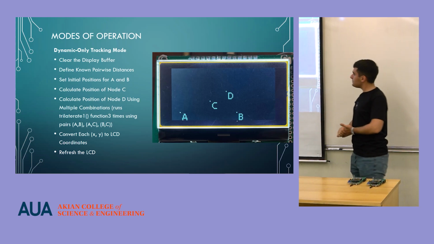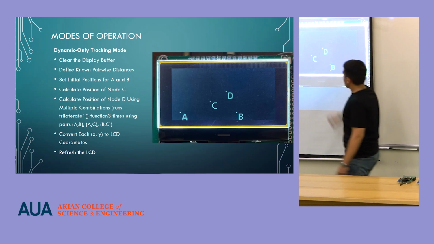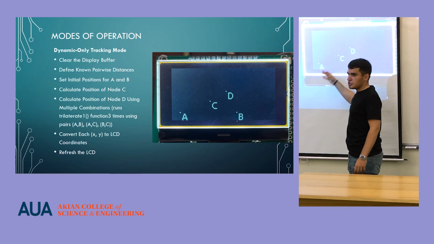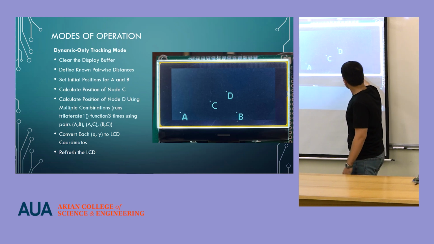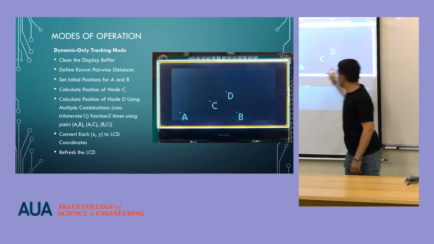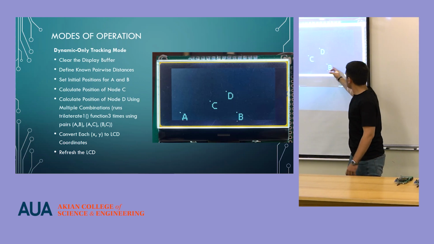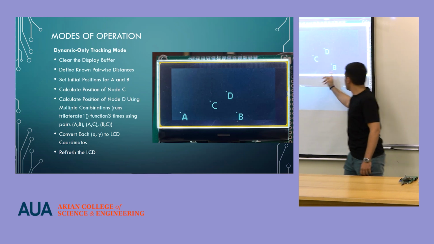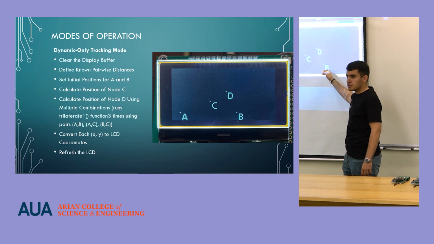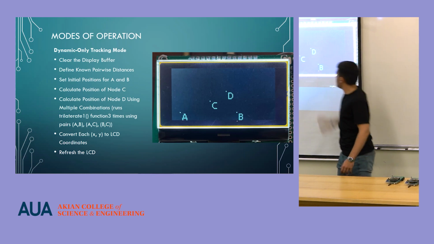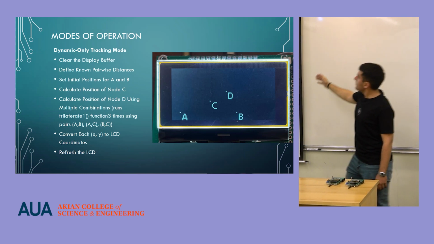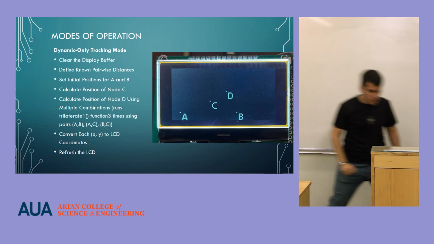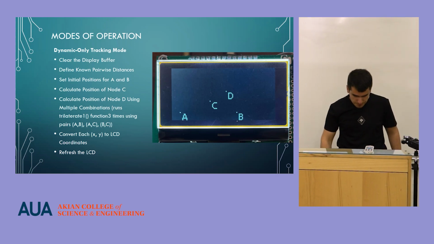What we do here, generally, we take the first point A and assign it the coordinate 0, 0, and we take the point B, and we know the distance between them, and we assign them to be on the same level, but with a different x coordinate. So its x coordinate will be the distance between them. And we continue the calculations based on this geometric structure.